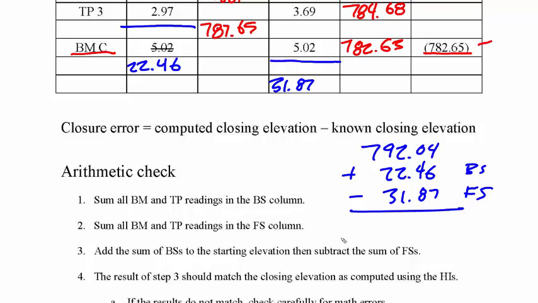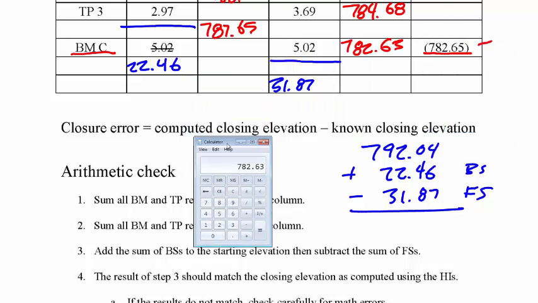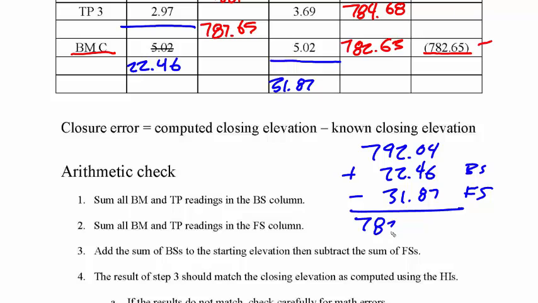When I crunch that out, indeed, I get 782.63. That matches what I have up here, so that means I don't have any math errors in this case.